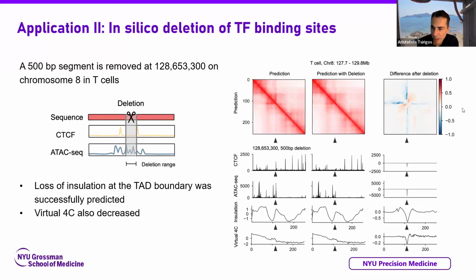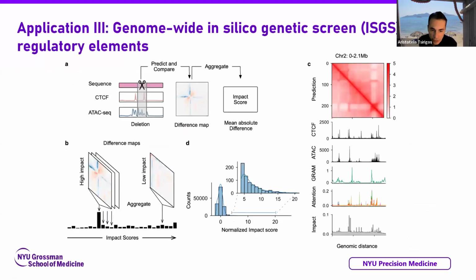So this perfectly matched the actual CRISPR deletion experiment that we did in the lab. So this was pretty encouraging. And we thought, now that we've successfully done it once, perhaps we should do it at scale. So we have a pipeline that now scans the genome and in silico deletes every few kilobases.